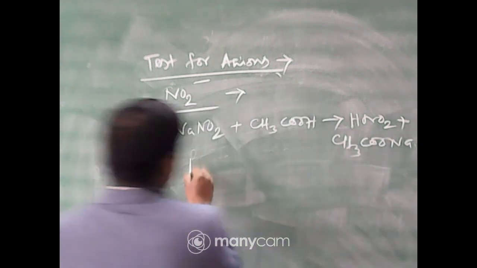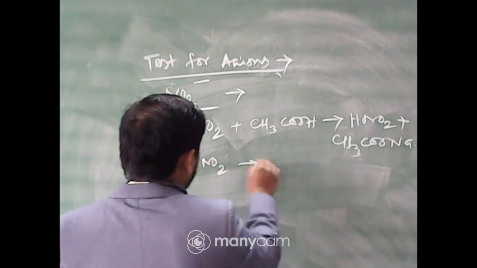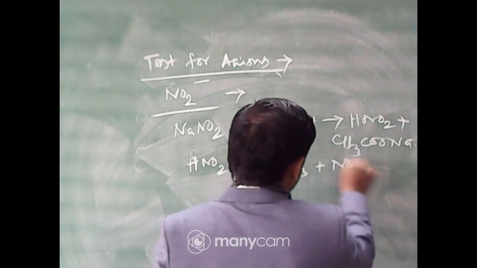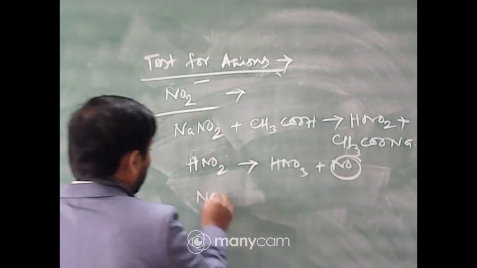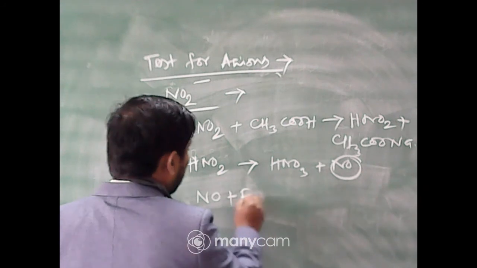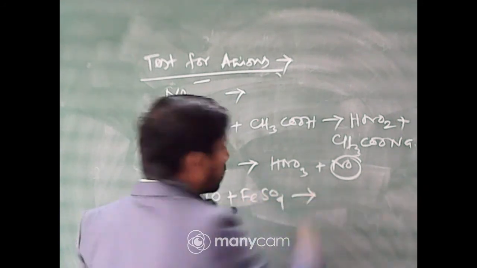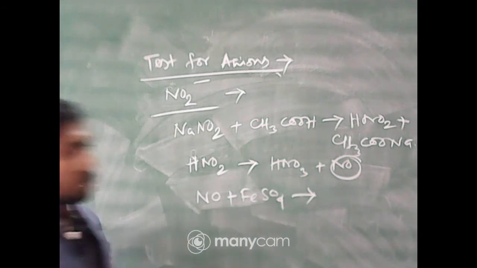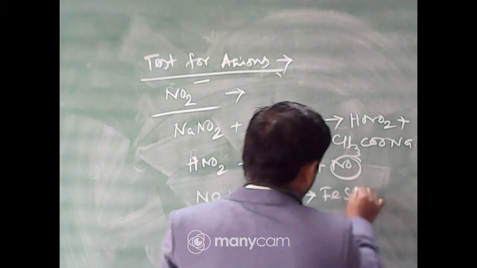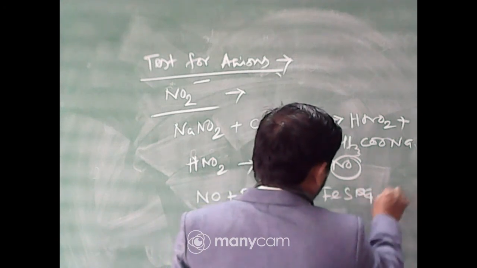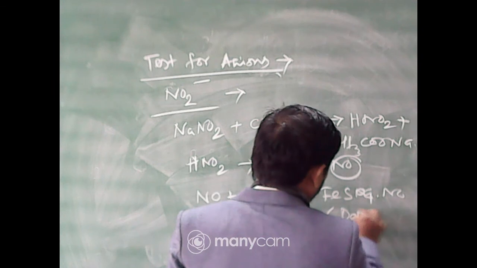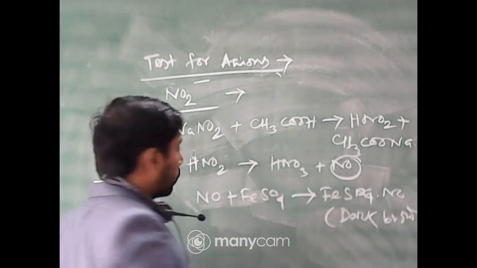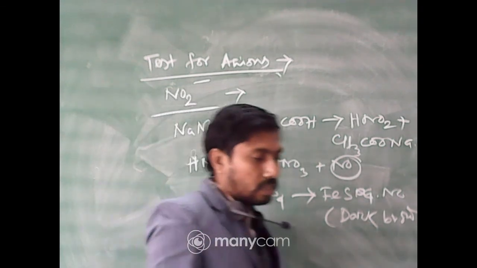Now HNO2 readily decomposes to form HNO3 plus NO. This NO reacts with the ferrous sulphate, which is added at last, to form a compound FeSO4.NO, of dark brown color. So this is the confirmative test of nitrite.